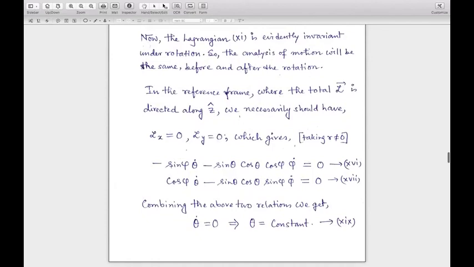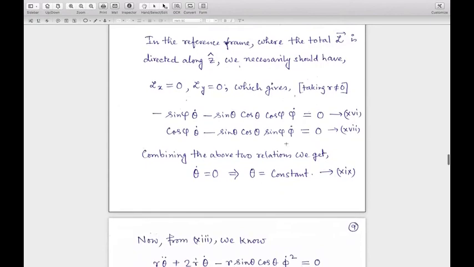So you will have minus sine phi theta dot minus sine theta cos theta cos phi phi dot is equal to 0, and you also have cos phi theta dot minus sine theta cos theta sine phi phi dot is equal to 0.